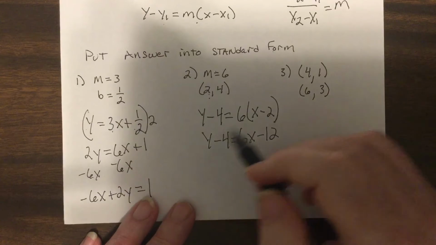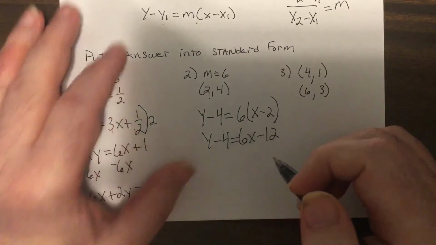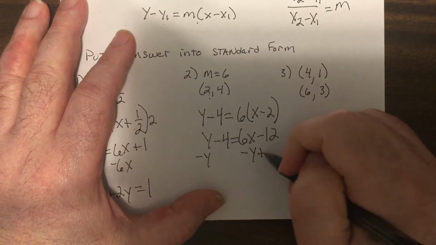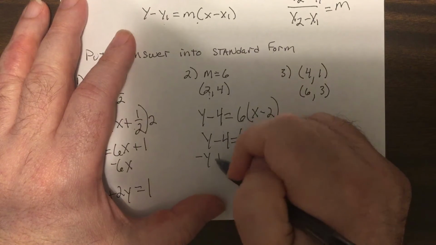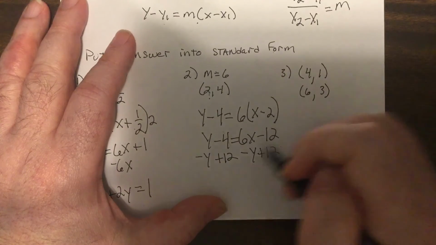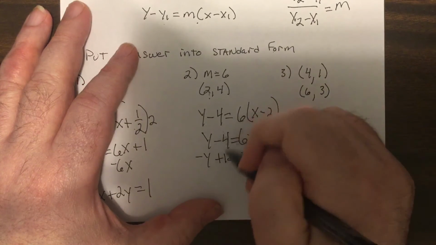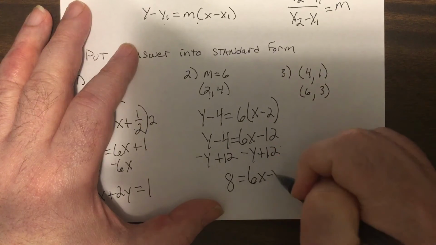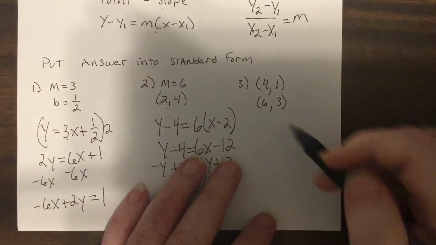So I need to get x and y on one side, numbers on the other. So I'm going to subtract y and add 12. To get this to be 0, it's gone. So negative 4 plus 12 is 8. 6x minus y equals 8.